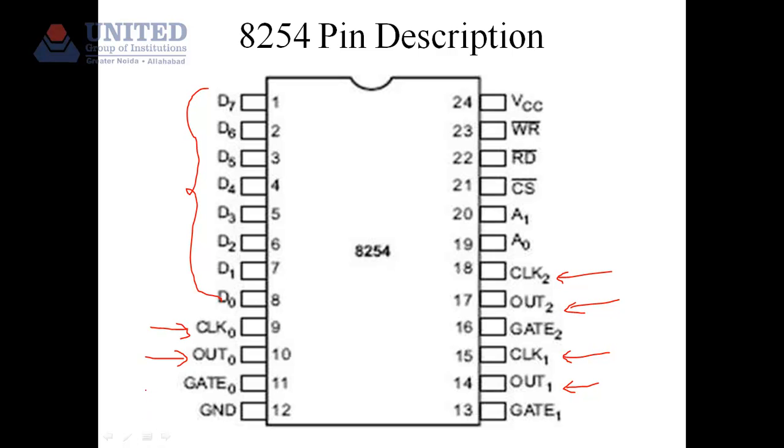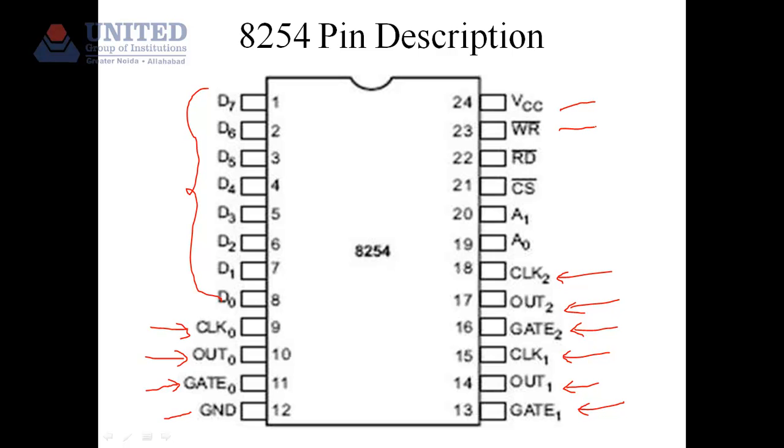Here is the control signal to start counting in counter 0, that is gate 0. Similarly, we have got gate 1 and gate 2 for the counters 1 and 2 respectively, right? Now this IC is powered by pin number 12 and 24, that is the ground and VCC.